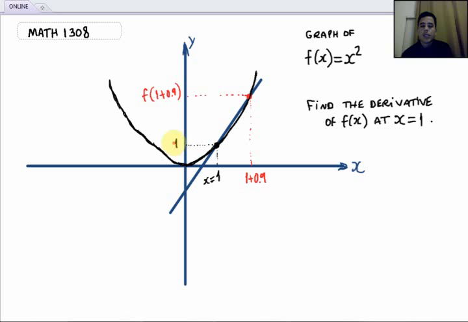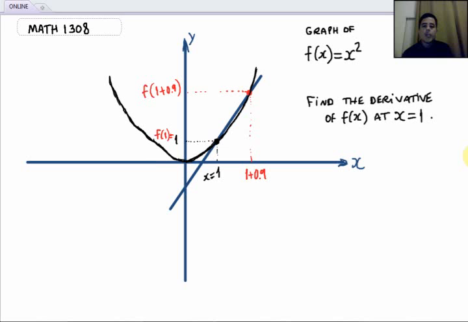Okay, so this is f of 1 equals 1, because when x equals 1, if I plug 1 in here, I get 1 squared, and 1 squared is 1. Now here, this second point, if I plug that into the function, I get 1 plus 0.9 squared.